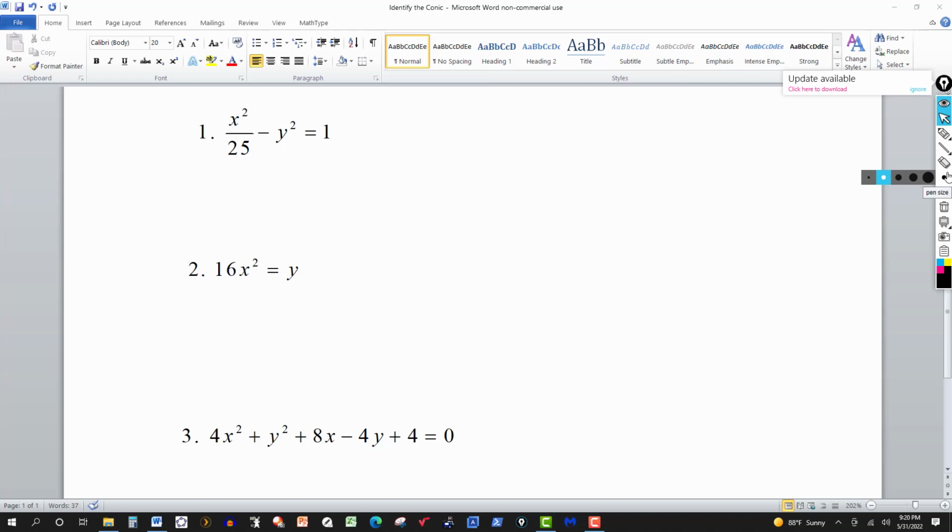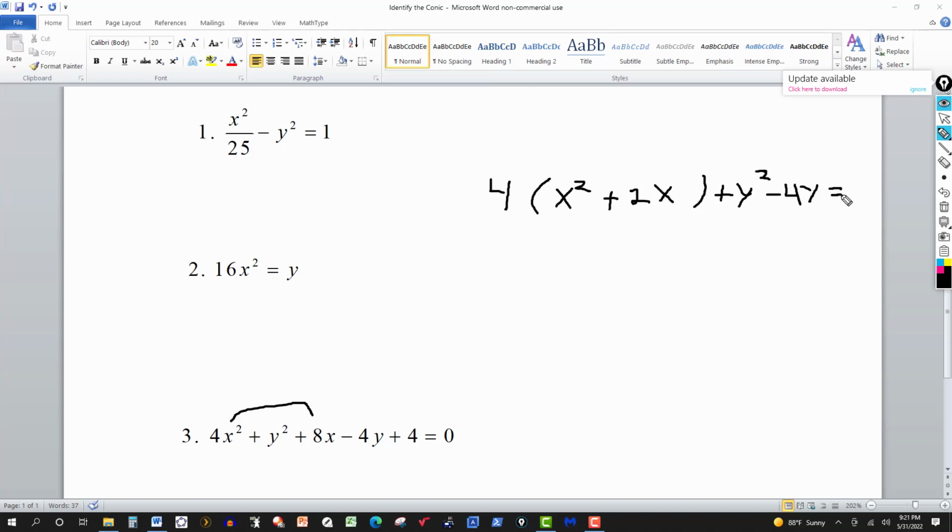So we follow through with the procedure. I'm going to take the x squared term and the x term together, and I'll factor out a 4. So this is going to be x squared plus 2x. And then we have a y squared and a minus 4y, so y squared minus 4y is equal to, I'm going to take the 4 over to the other side, negative 4.